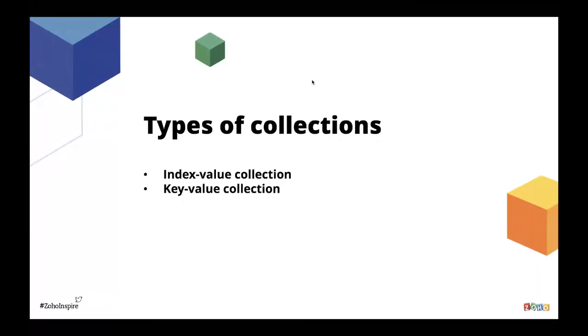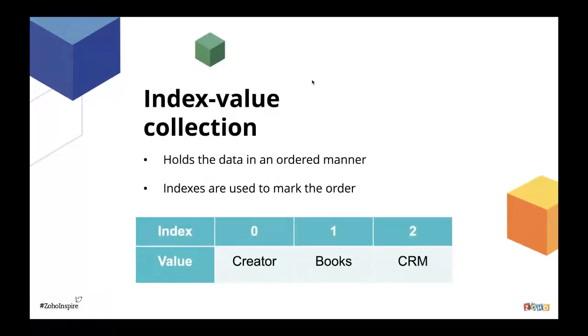An index value collection is quite similar to a list. Each element in an index value collection is stored in an ordered manner, and each element can be accessed using the indexes.